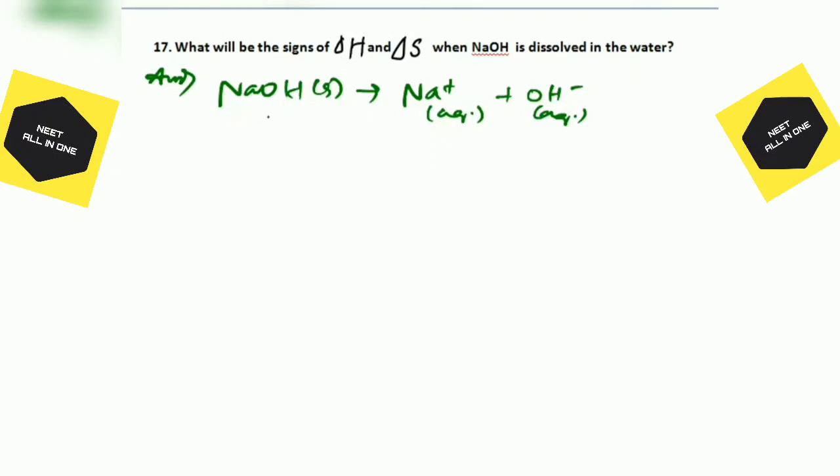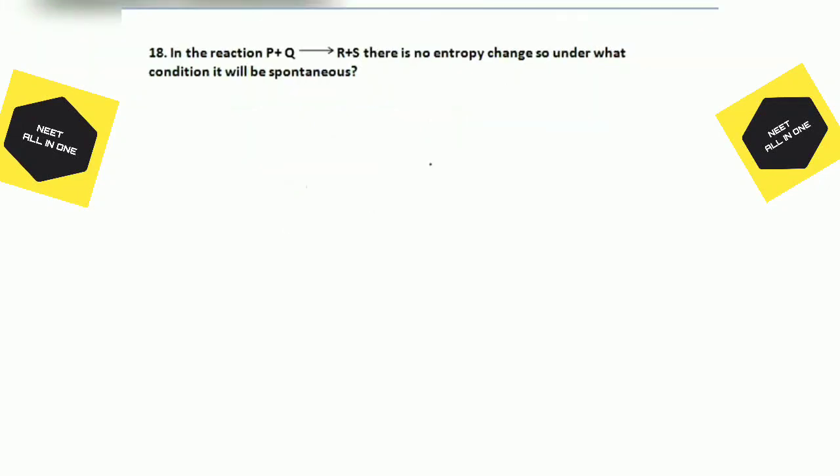Because in solid the atoms are very closely attached, and in liquid they are loosely attached compared to solid. So del S is positive. Now if this reaction happens, heat goes out. So del H will be negative because it's an exothermic reaction. So the signs are done. So question number 17 is done. Let's see question number 18.